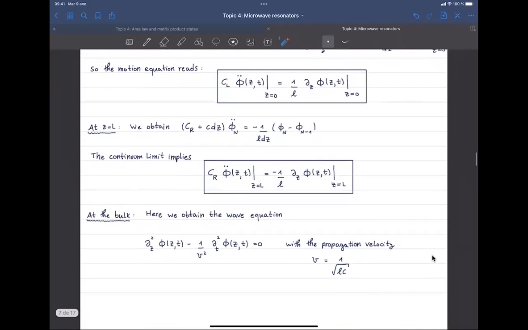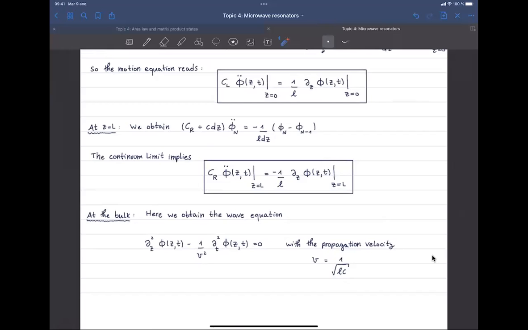Then, as I mentioned previously, in the bulk, if you write down the Kirchhoff laws for a generic node, let's say node J, or whatever notation you choose, what we obtain is the wave equation. Here there is a characteristic propagation velocity, which is this one: 1 over the square root of lc.